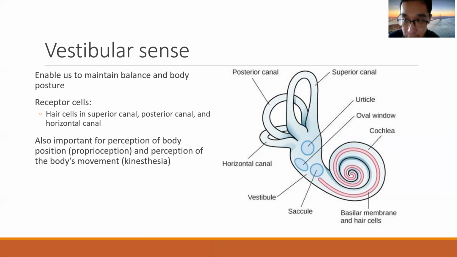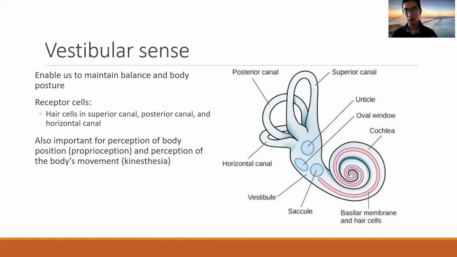The body is moving really fast and moving forward, for example. The hair cells in these three canals know it and send signals to the brain. The brain gets the signal and is activated.